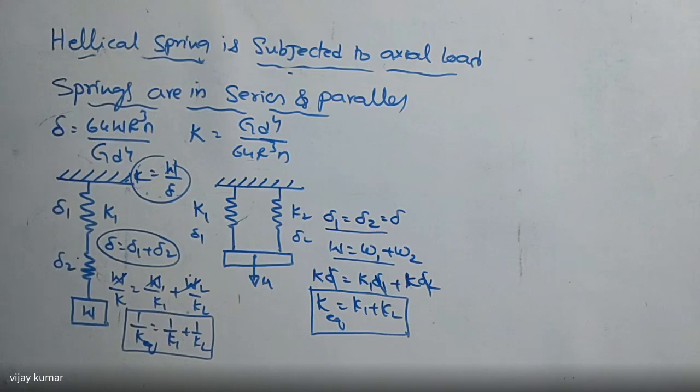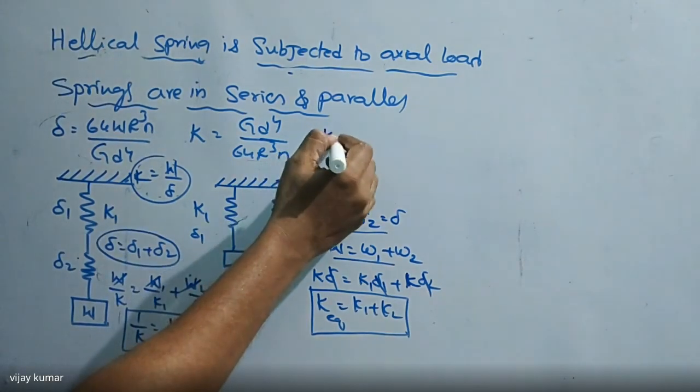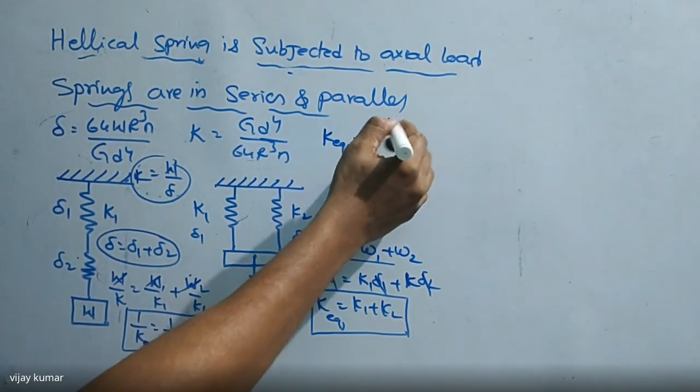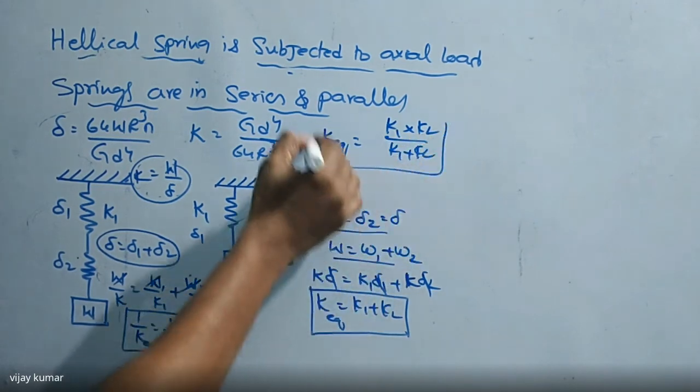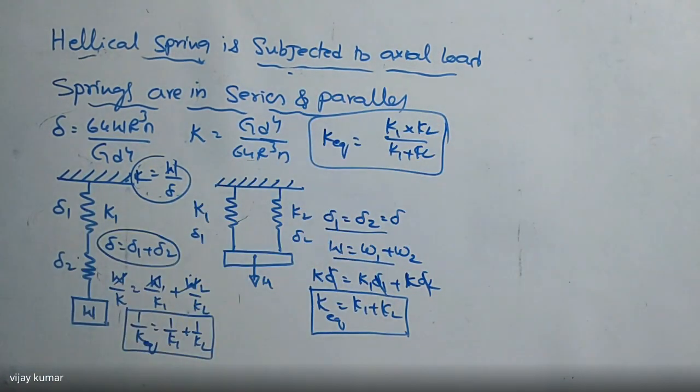So when springs are connected in series, we can also use this formula: K equivalent is equal to K1 into K2 divided by K1 plus K2. So this is the equivalent stiffness of the spring when the springs are connected in series and parallel.